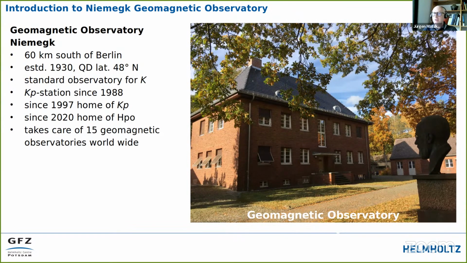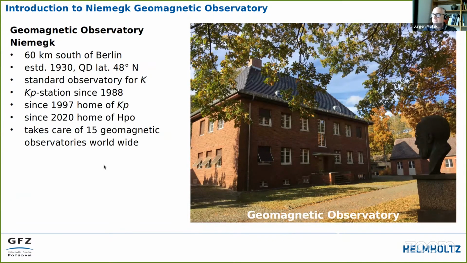It only became a proper Kp station, contributing to the planetary K index, in 1988. Since 1997, we are producing the officially recognized Kp index, and since 2020, we also distribute the Hp0 index, which was developed in the EU Horizon 2020 project.